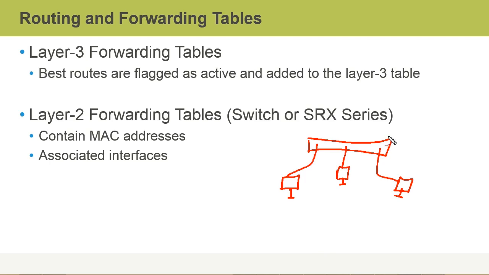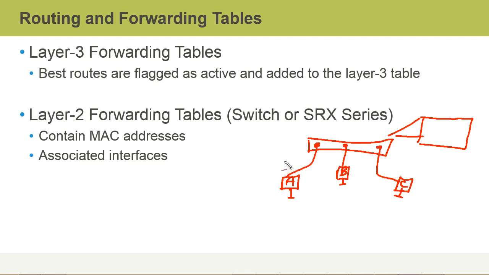Now the switch will have what we'll call a forwarding table. And that forwarding table will contain information such as, here's computer A, there's computer B, and this is computer C. And we'll say that computer A is plugged into port 1, computer B is plugged into port 2, and computer C is plugged into port 3.